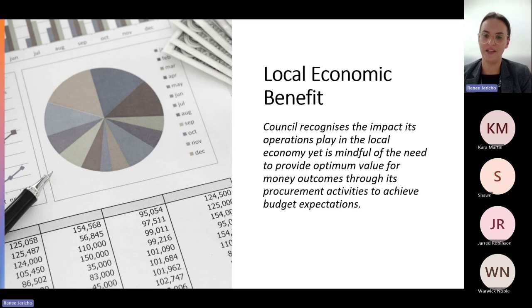It's important to understand what value for money is because it's not just about lowest price. When we look at value for money, there are a variety of considerations.